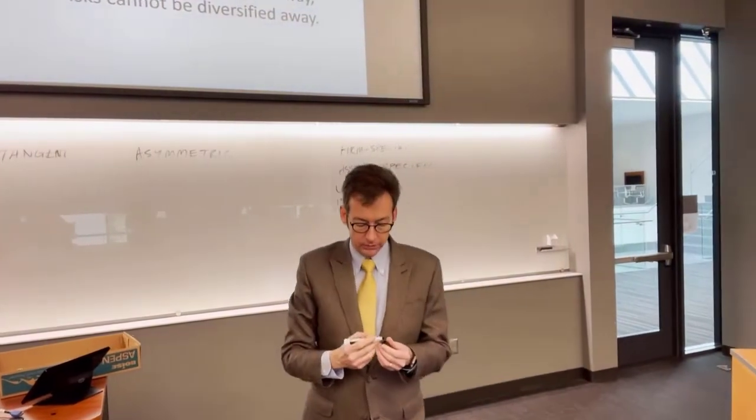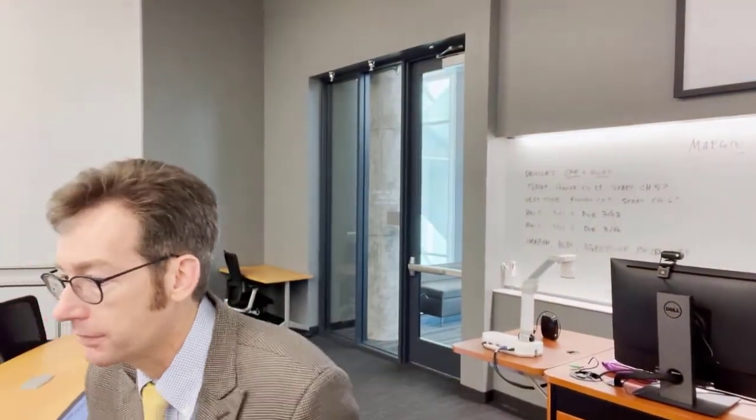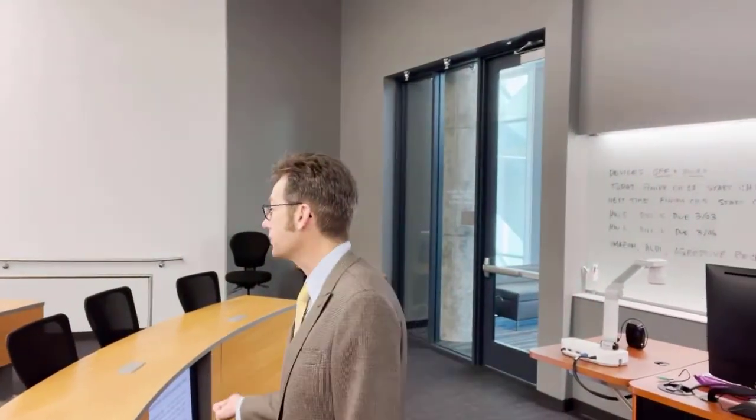Here's your 50-cent word for the day, idiosyncratic. So we have lots of names for each of these. Here's the way I remember it. Systematic risk is undiversifiable, but unsystematic risk is diversifiable. They're opposites, right? So if it is systematic, it's undiversifiable. If it's unsystematic, it's diversifiable. They always are opposite.